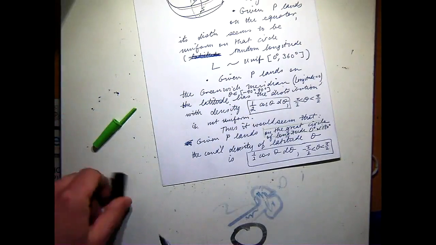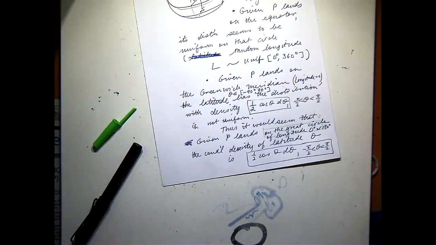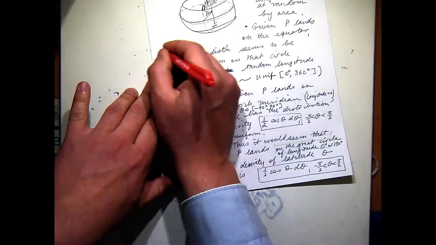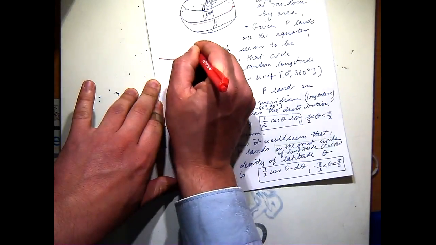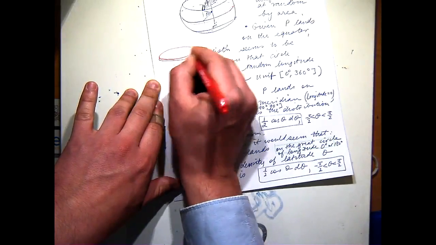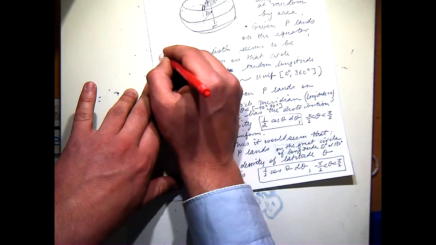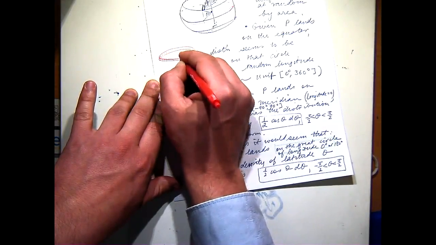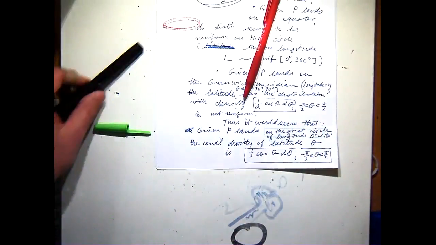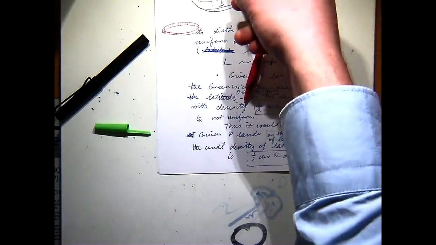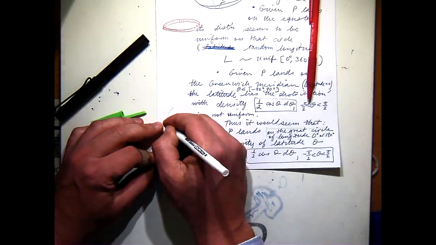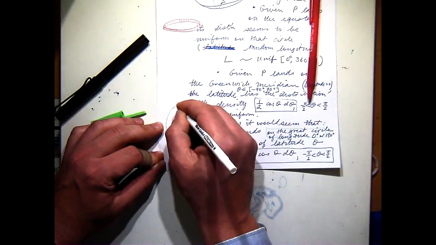So I'm now going to draw these two conditional distributions, and you can see that they're not the same. Well, it's pretty clear that they're not the same. On the red circle, you've got uniform. You could imagine it as a strip that is uniform, like a band, just a piece of paper that's uniform all the way around. That's the red one. And yet the green one is not uniform all the way around. If I condition to lie on this great circle, which consists of the Greenwich meridian and its opposite meridian, I have some kind of conditional distribution which is vanishingly unlikely to land at the poles.